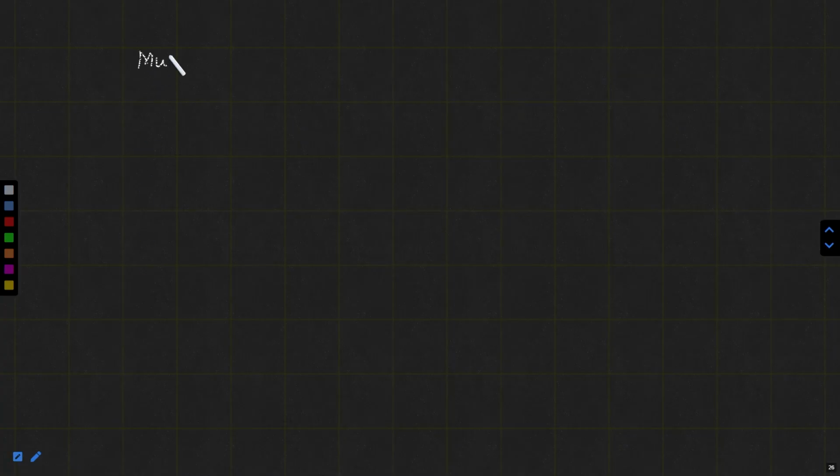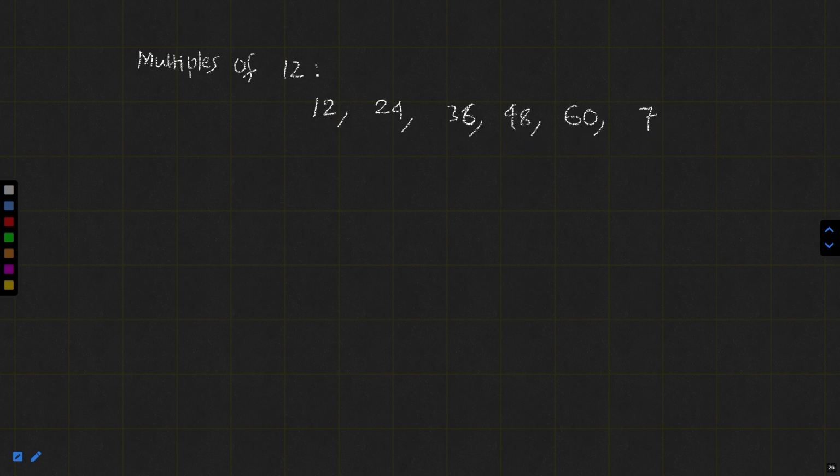The multiples of 12 are 12, 24, 36, 48, 60, 72 and so on. And the multiples of 15 are 15, 30, 45, 60 and so on.